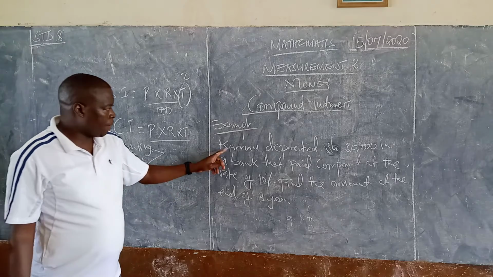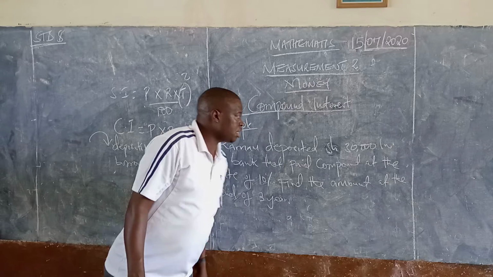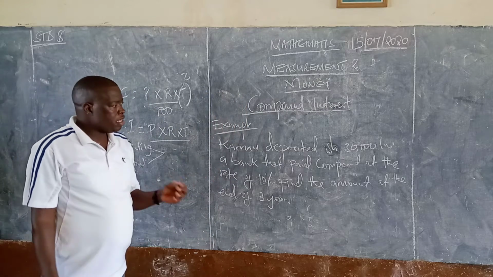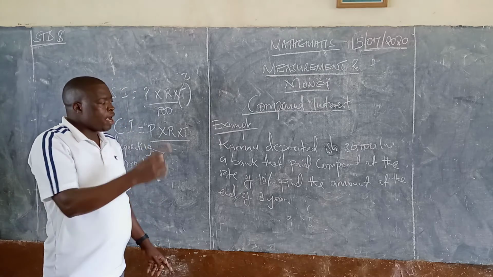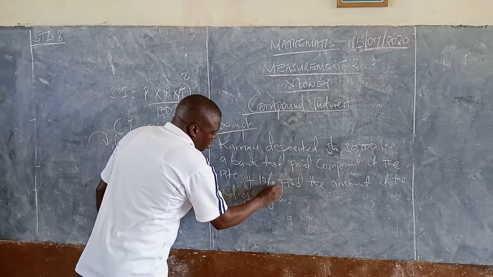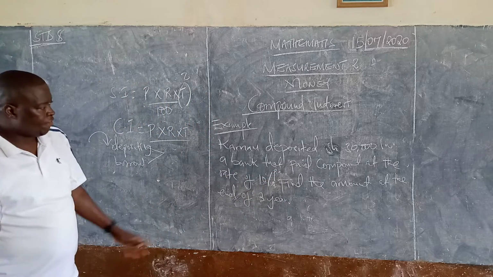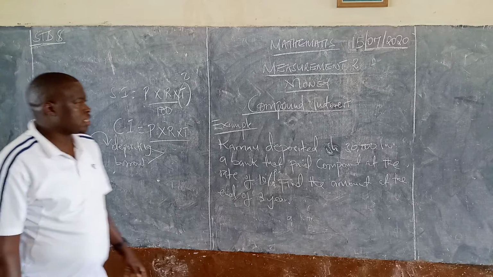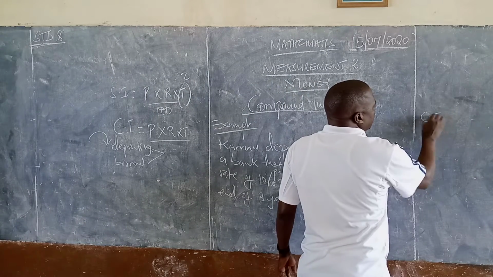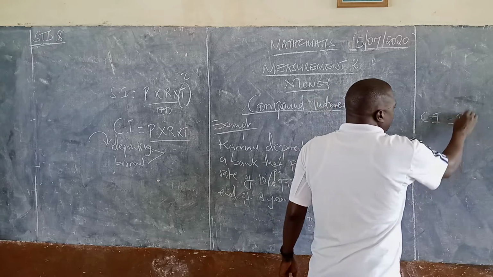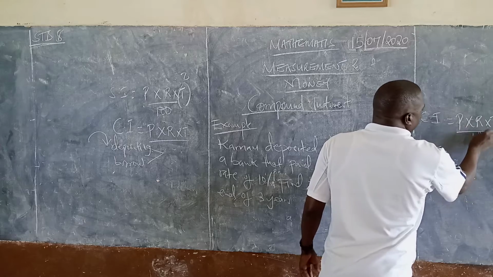Now, let's see this. Kamau deposited 30,000 in a bank that paid compound interest at the rate of 10% per annum. So the compound interest, CI, is equal to the principal times the rate times the time over 100.